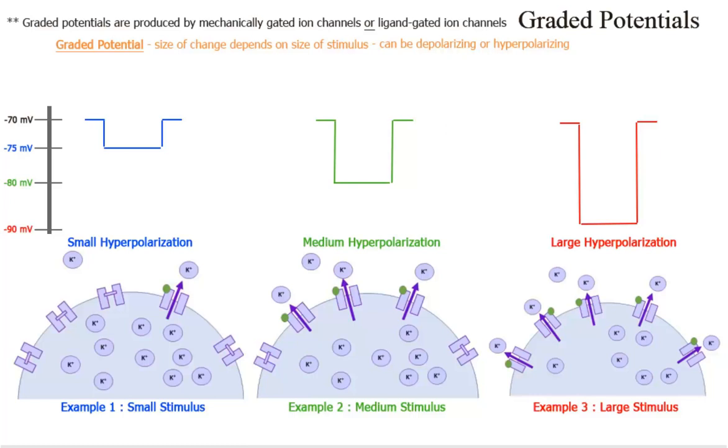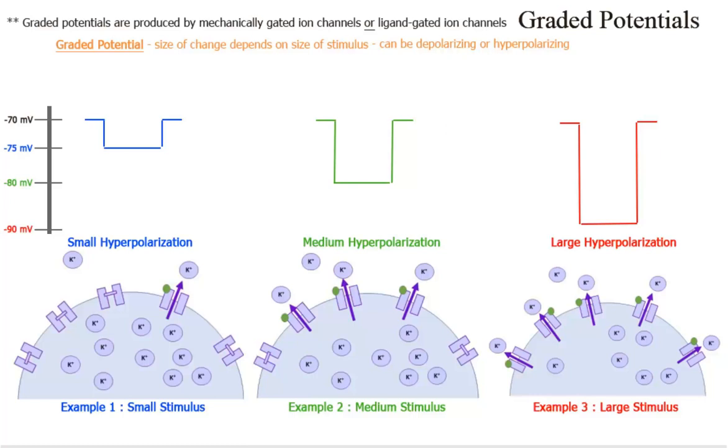So the key here is that graded potentials are changes in the resting membrane potential that depend on the size of the stimulus. And the change can either be in the positive direction, which is a depolarization, or it can be in the negative direction, which is a hyperpolarization.